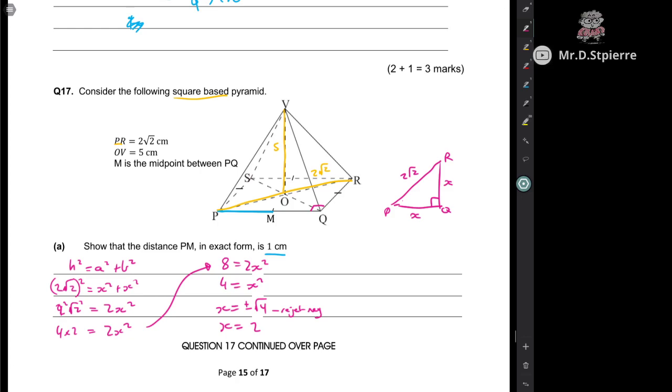So PQ is equal to 2, PM is equal to PQ divided by 2 because it's half, which is 2 divided by 2, which is equal to 1. Okay, as required. That's how we show it.